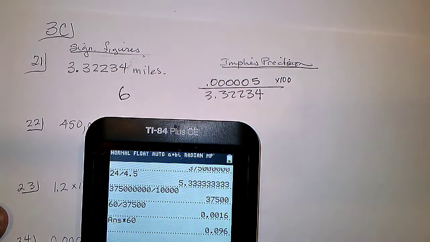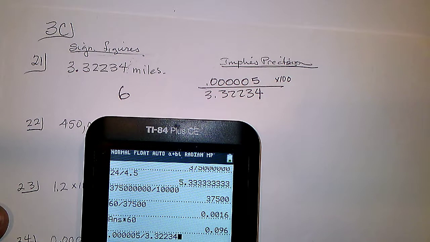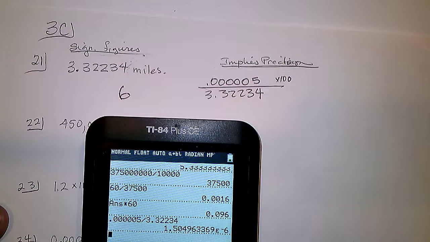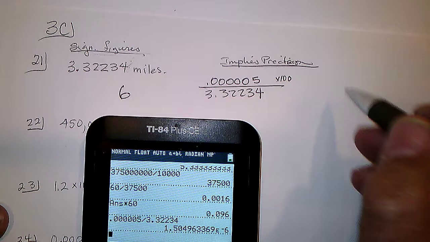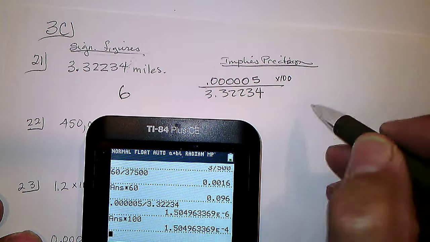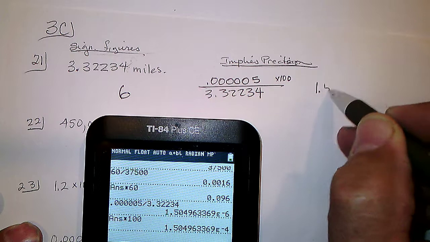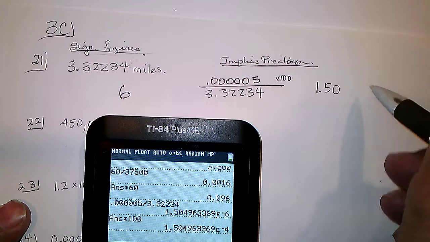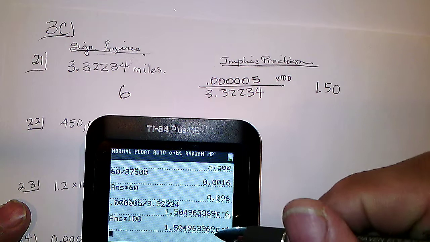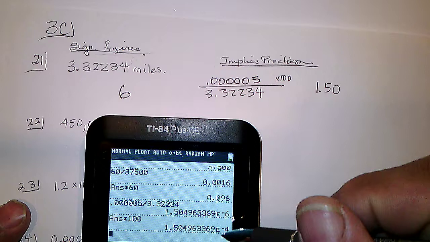So on 0.000005 divided by 3.32234, and we get, this says E negative 6, so that's, oh, and then I got to take it times 100, and it says 1.50, and this says E negative 4, which means divide by 10 4 times.